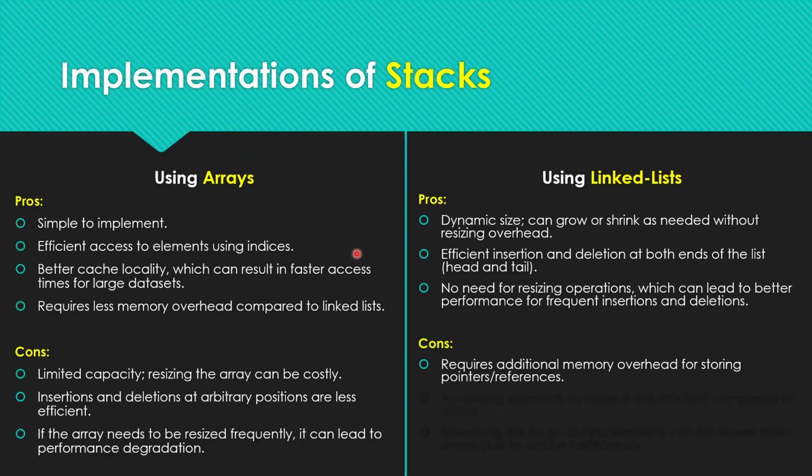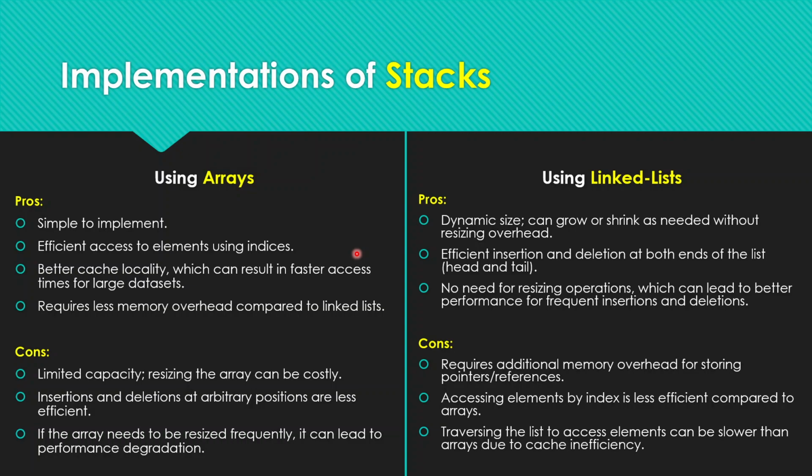For the disadvantages of linked lists, they require additional memory. We've already mentioned that for storing the next pointer. Also, accessing elements by index is less efficient. No, not really, this is also not supposed to be here. And then traversing the list to access elements can be slower than arrays due to cache inefficiency.